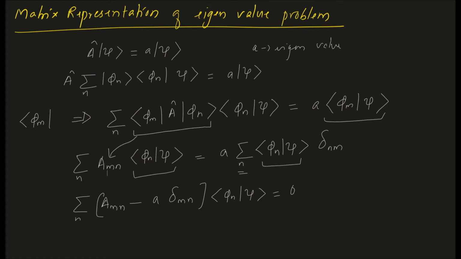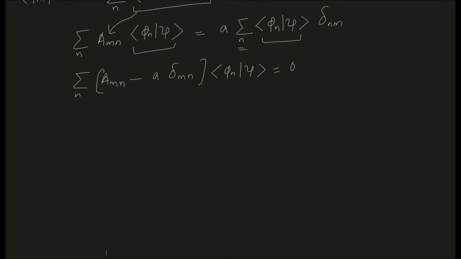Now you can see that we have considered a basis phi n for this expansion, right? Because we have introduced the unit operator in terms of a phi n basis. Now this basis is made of an infinite number of base kets. So this equation represents an infinite homogeneous system of equations for the coefficients bra phi n psi, right?